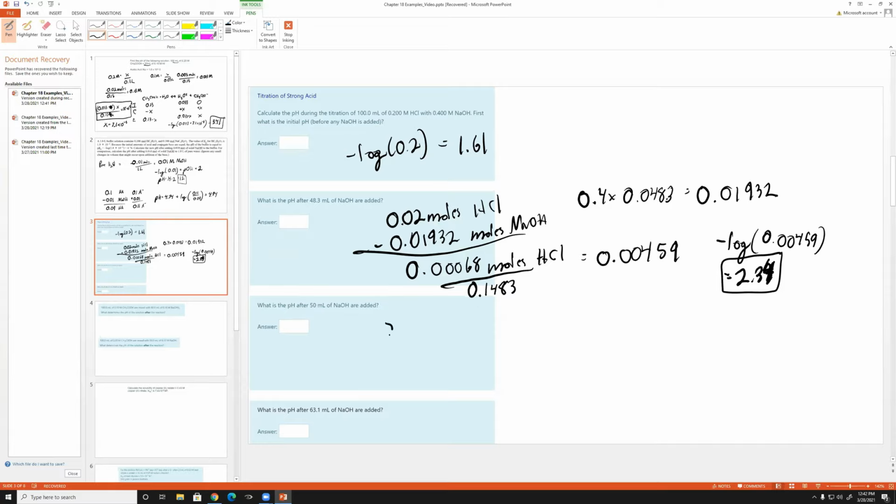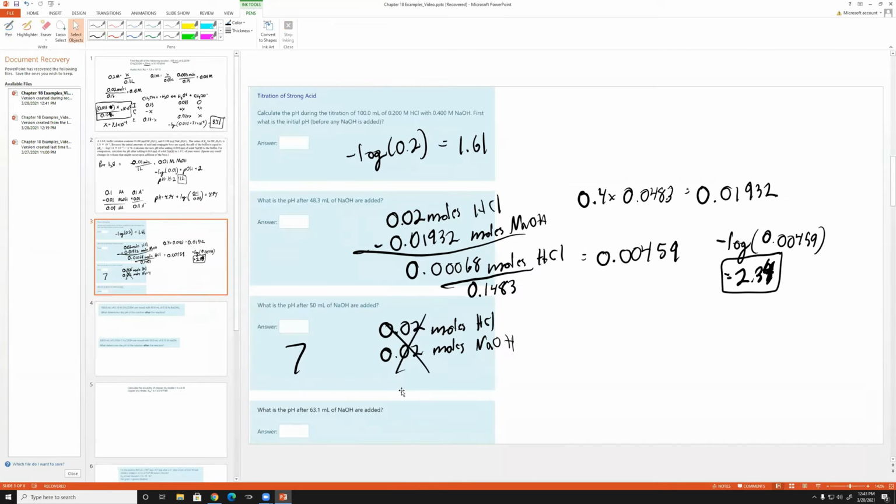Now, we don't even have to do much math because we know we have 0.02 moles of the acid, and now we're adding 0.02 moles of the strong base. They would cancel out and neutralize completely, and your pH would be 7. And that's only true in a strong acid, strong base titration. If it was a weak acid, you'd have to use the Kb for that at the equivalence point.